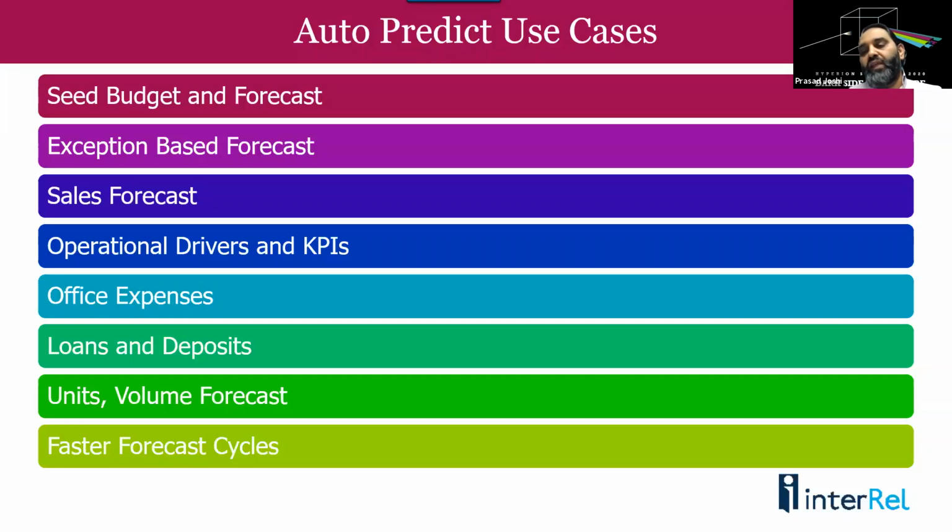It would take in the actual numbers and then predict the number of packages. And then it calculates the number of hours and FTEs based on that. And because it's doing everything in an automated way, when the actuals are loaded, it will essentially cut down your forecast cycle times as well.